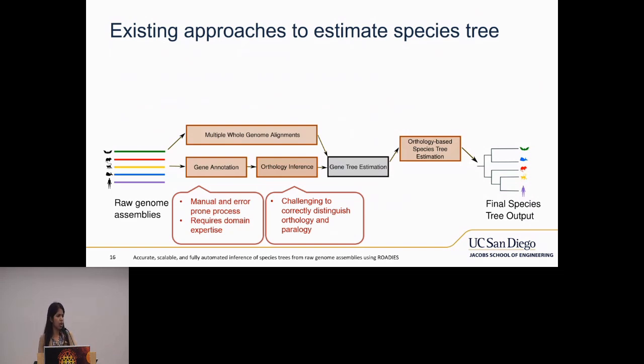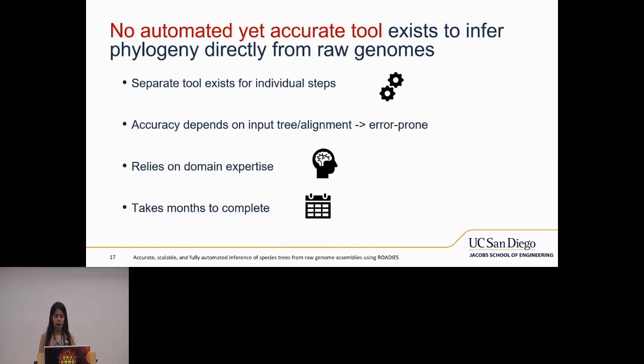There are some manual hand curation steps involved, and that makes the process error prone. Because of these challenges, there have been almost no attempts at full automation, from start to end, without requiring any data apart from the input genomic assemblies. There have been conventional approaches, but those are not computationally feasible for large-scale data sets.